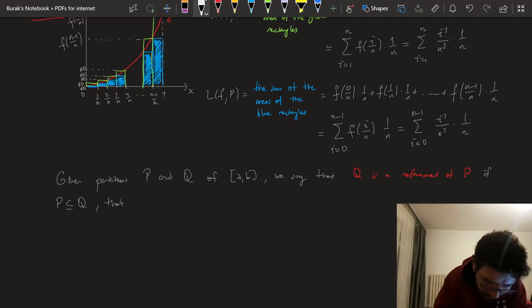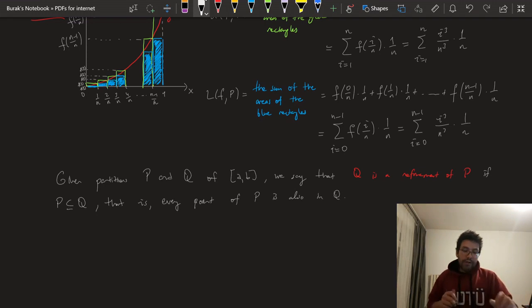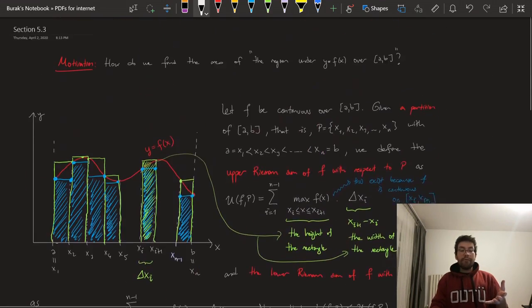That is, every point of P is also in Q. Remember, partitions, by definition, are simply sets of points.